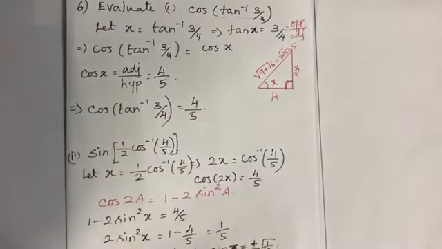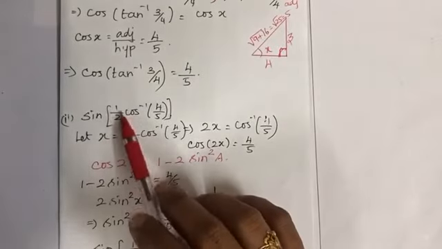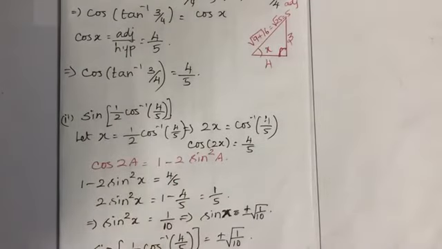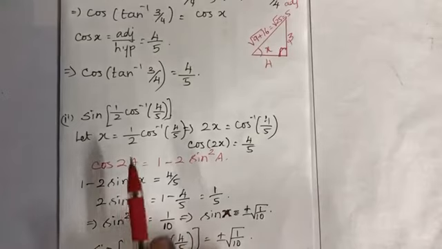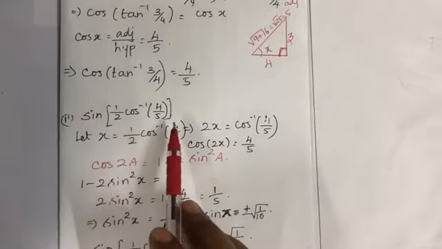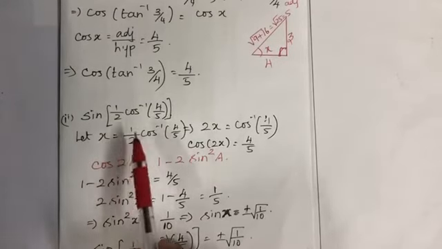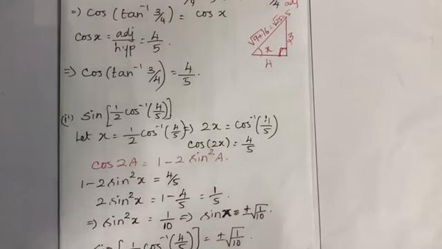And that's the value. Next, sine of half cos inverse 4 by 5. Sine 1 by 2 cos inverse 4 by 5. Let x be equal to, similarly here also we are taking this expression as x. So x is equal to 1 by 2 cos inverse of 4 by 5.